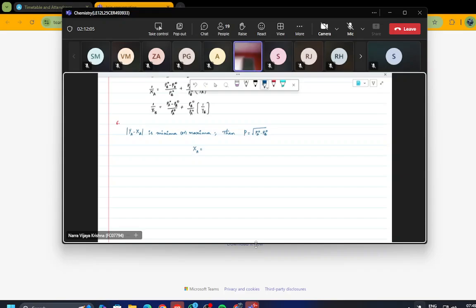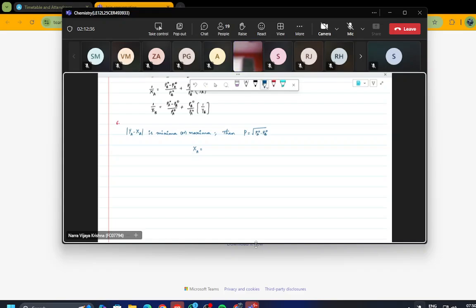If number of moles of A in liquid is X, number of moles of A in vapor is Y. If I am saying X and Y are approximately same, means what about Y minus X value? Minimum. Or X minus Y value? Minimum. Correct? Respond, sir. Correct or not? That's what I am saying.